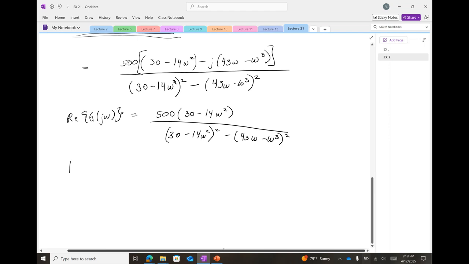And our imaginary part of g of j omega is negative 500 times 43 omega minus omega cubed, all divided by, again, the same denominator.